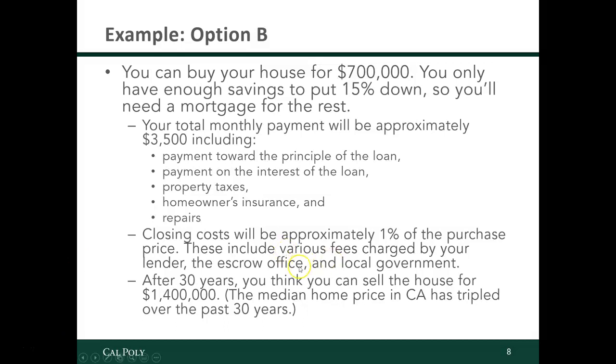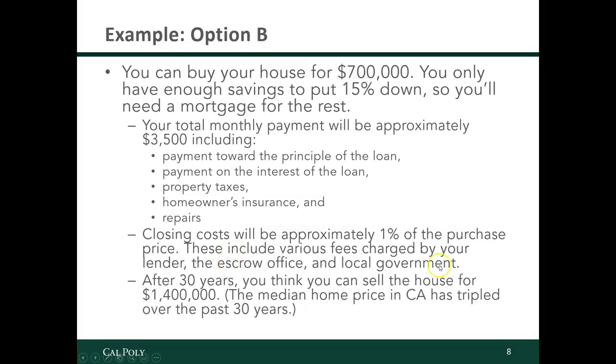So these include various fees charged by your lender, the escrow office, and the local government. You have to pay these closing costs, and you don't get that money back ever. The escrow office is a place where money gets put, basically as a middleman between you and the sellers.